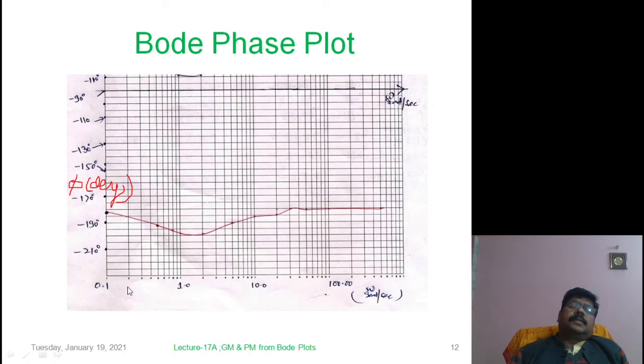What is important is that on the x-axis, the log axis, you have to mark the frequency, and on the y-axis, the linear axis, you have to mark the degrees. After marking these points and tracing them, this will result in a Bode phase plot.